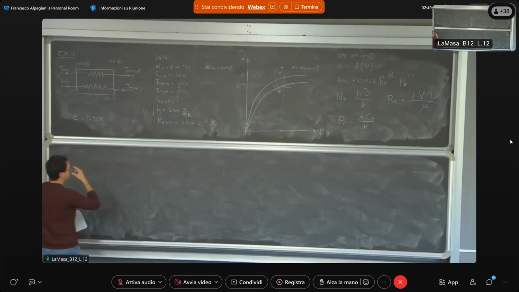And in particular, what we can write is that the Dittus-Boelter equation can be rewritten in this way.